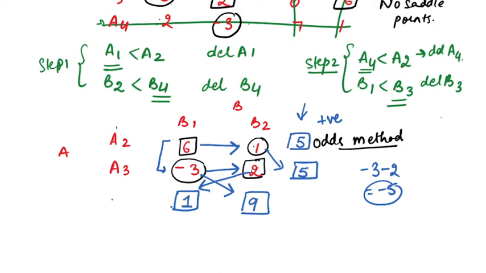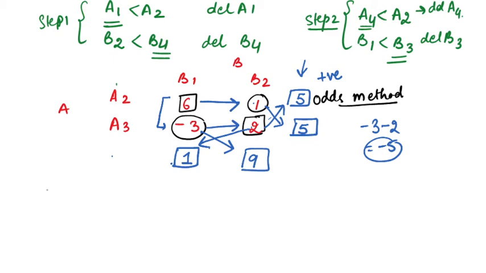Clear? So this is the odds method, the formula for which I have already shown you. Now we have to find three things: strategy for A, then strategy for B, and value of game.